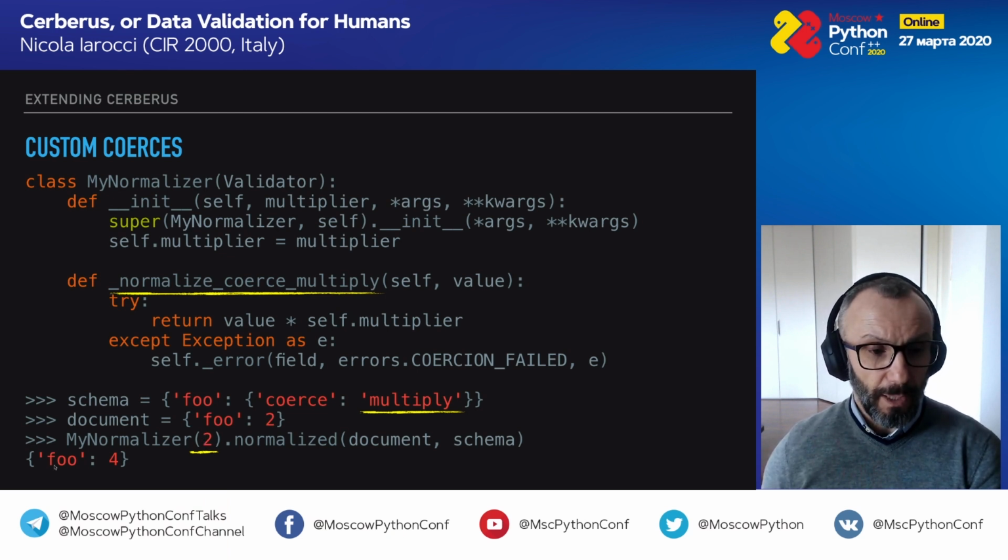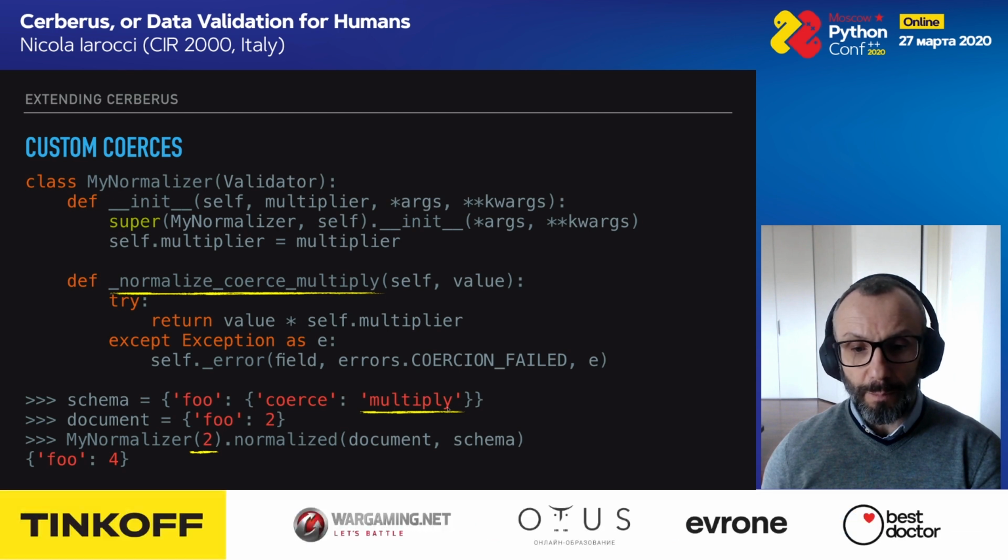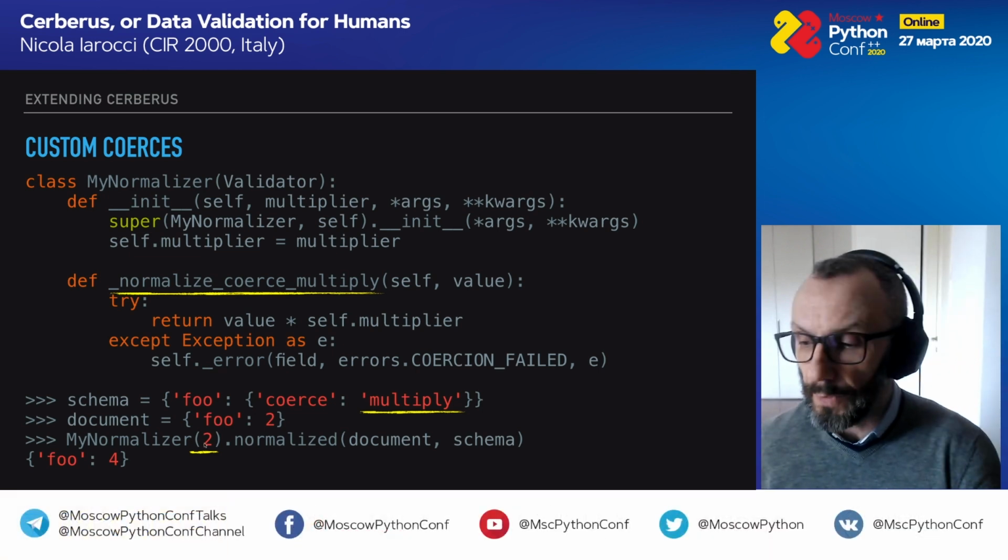Because we are multiplying by 2, the new value is 4. Just an example, of course. And here you see the schema where we have defined a new multiply rule. So every time a foo field comes in, it will be transformed and multiplied by a factor of 2 because we use 2 in the constructor. This is just an example of how flexible your validator can be.